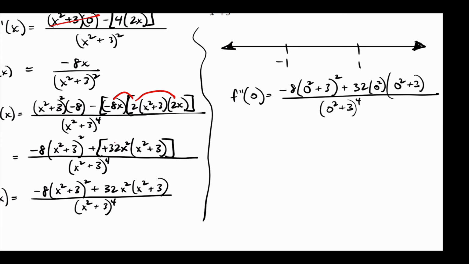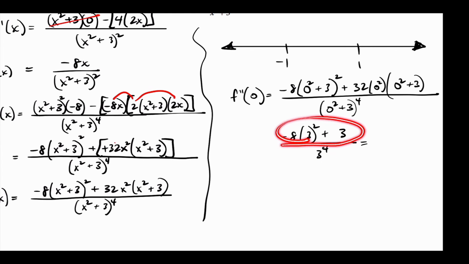Plug in 0 everywhere I see an x. So I get -8 times 3 squared plus 3 over 3 to the 4th. I don't care what number it is, I just want to know what sign it's going to be. On the bottom, I get a positive number.